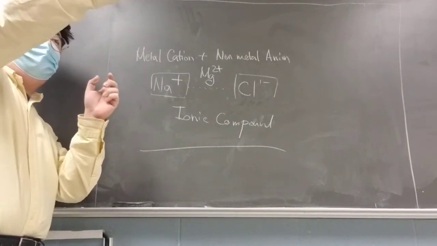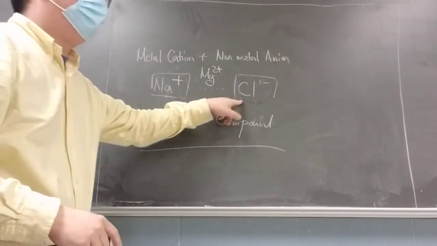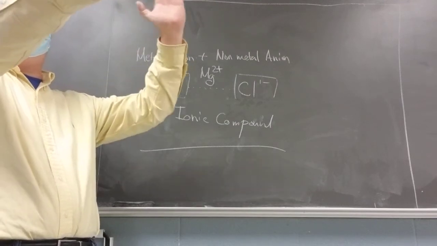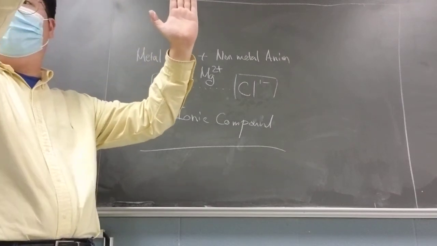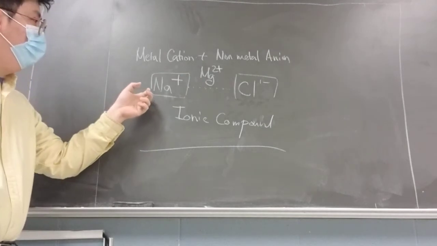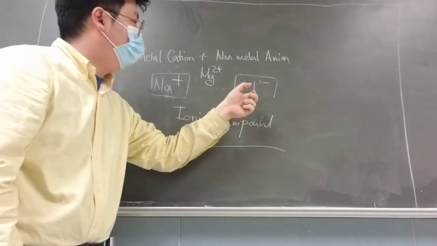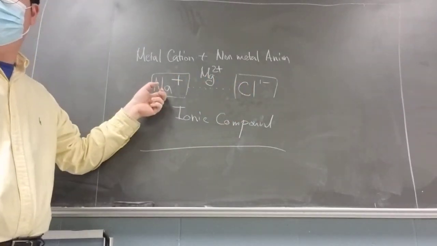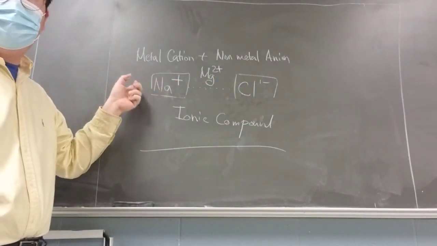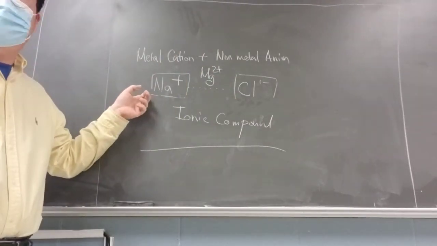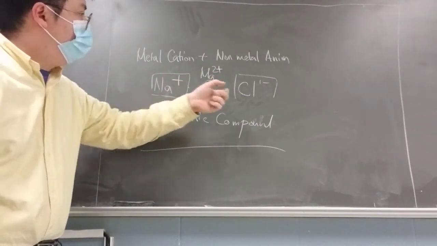So if you have a sodium and chlorine, you look at where they are, okay? The sodium is more on the left side of the periodic table than chlorine. Then you're always going to start naming with the one on the left. So you're not gonna name it chlorine, sodium. You're always going to name it from left to right in the periodic table.